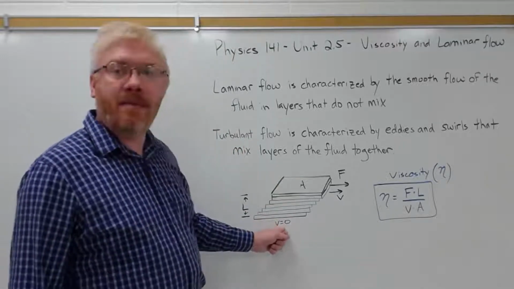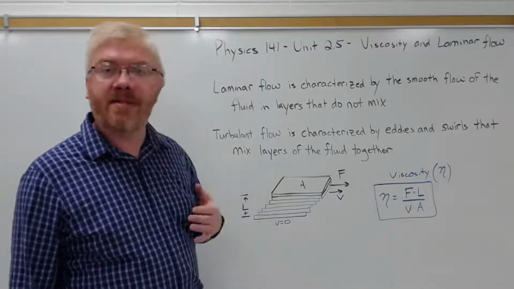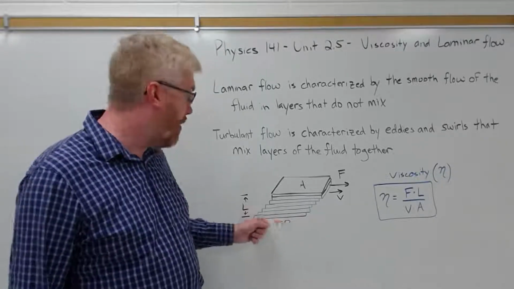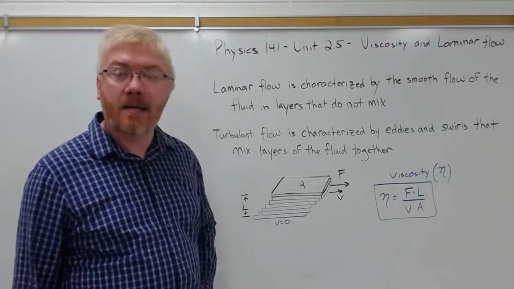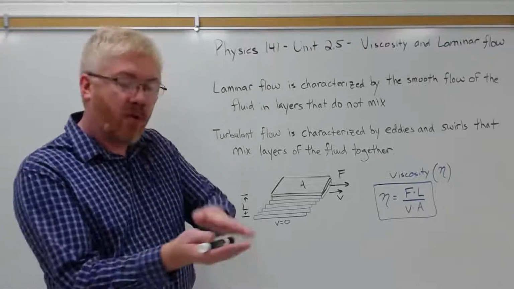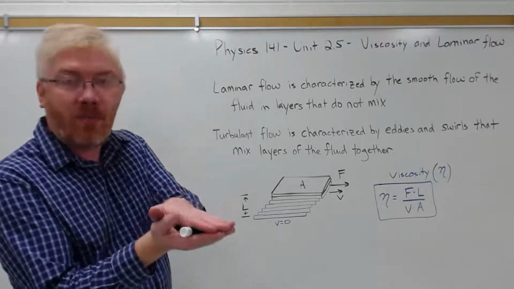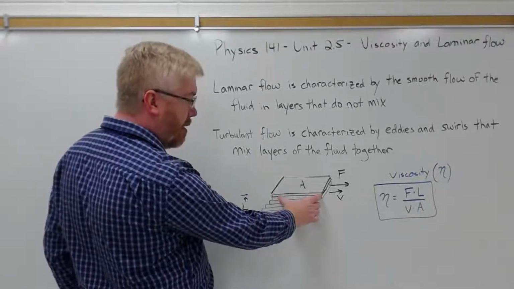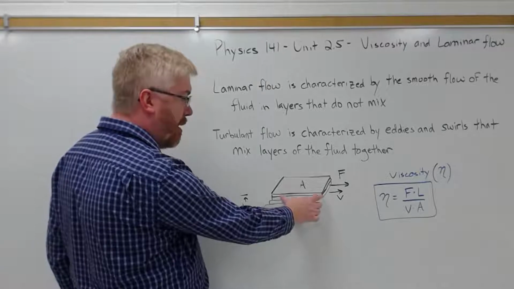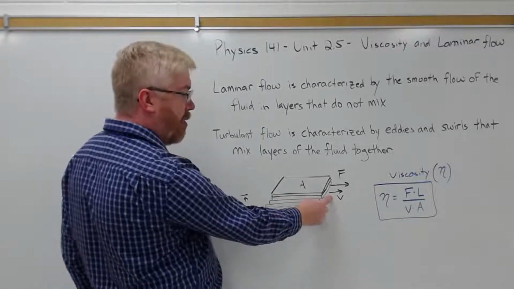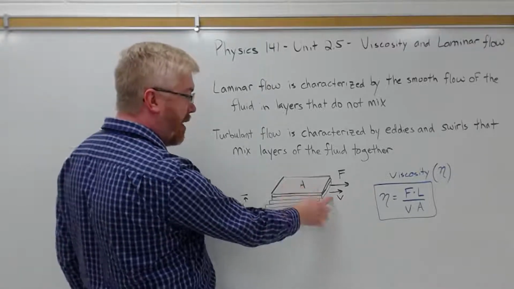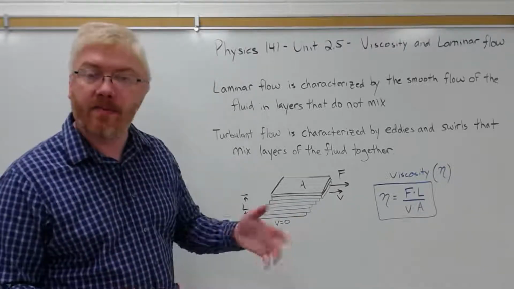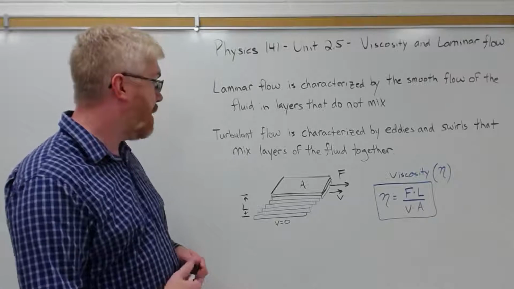However, at the bottom of the pool, or the bottom of the still lake, the base of the lake isn't moving, so the water touching the base of the lake won't move. So you'll have a laminar flow. Each layer of the water will be at a different velocity, all the way from my initial velocity of the barge down to zero velocity, which is the velocity of the lake floor, the pool floor.